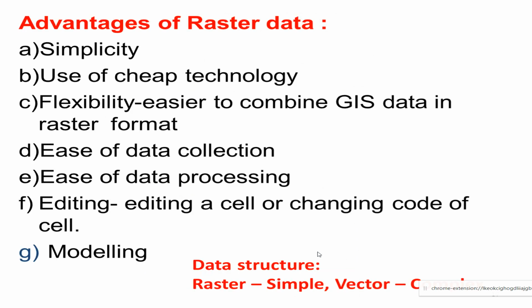The advantage of raster data is that the raster structure is very simple. You need not tell about each attribute feature, because if you go to the vector dataset, I will speak about vector next time, it is a bit complex, because for each feature you have to assign, each building you have to locate.